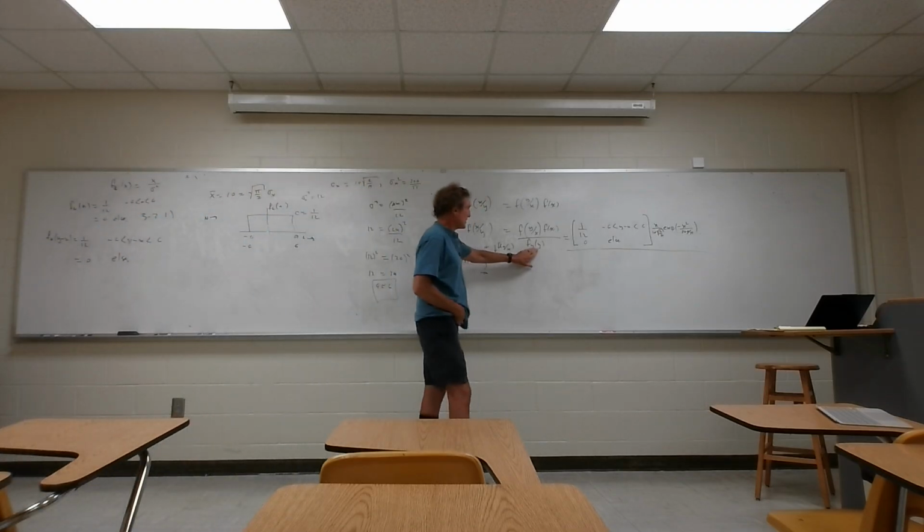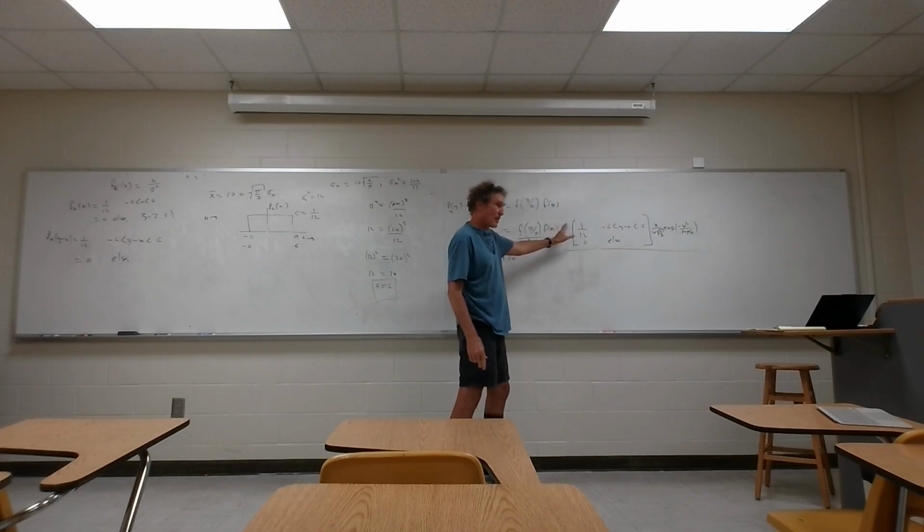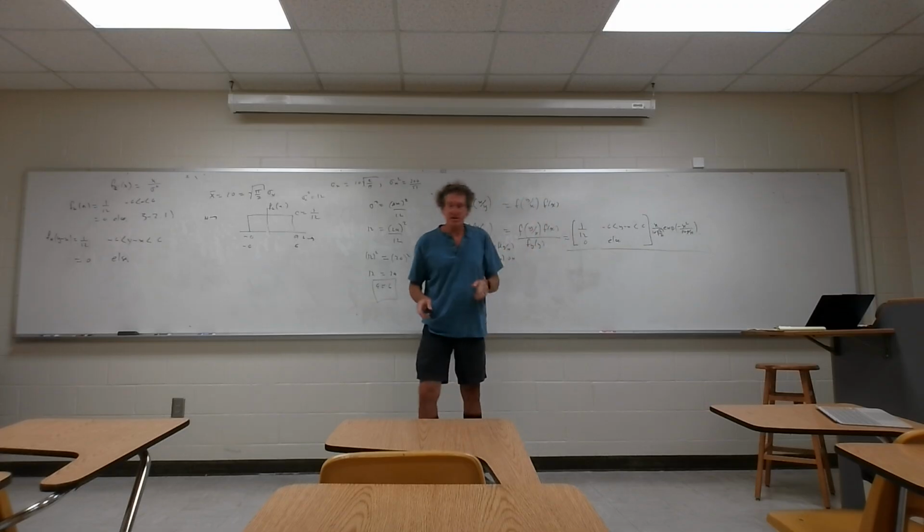For this one right here, the f of y, what I had down there was incorrect. You actually have to do the integral of this whole top part right here, dx, and I'll explain why in a second.